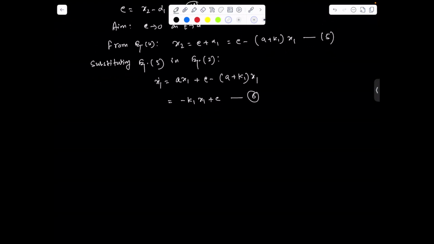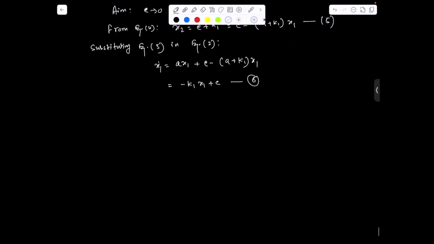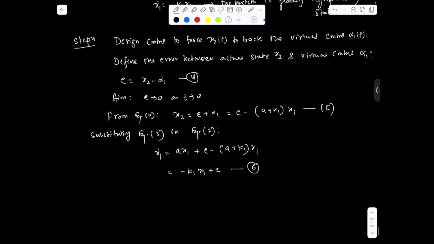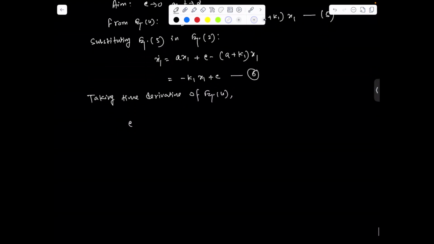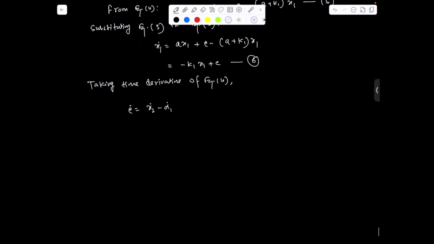This is equation 6. Now taking the time derivative of equation 4, we can write e dot equal to x2 dot minus alpha 1 dot.